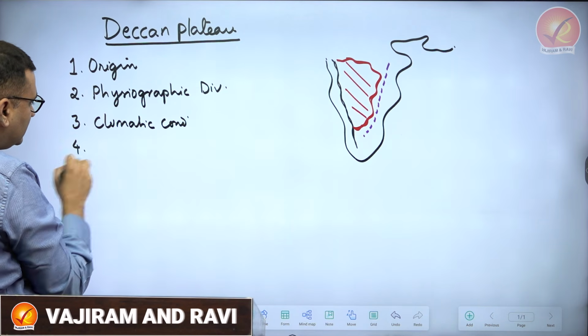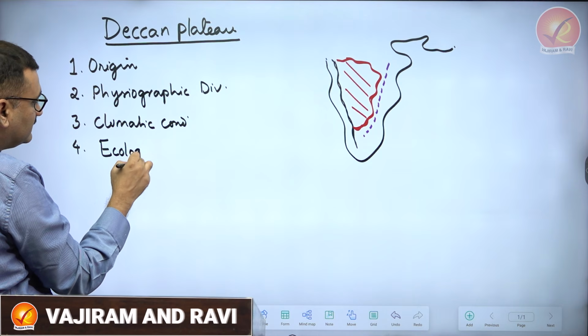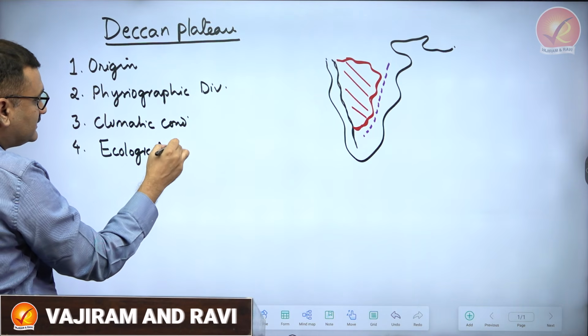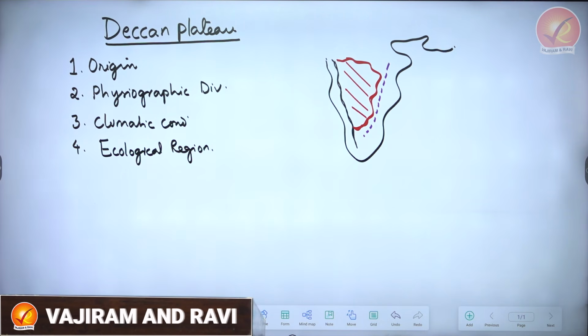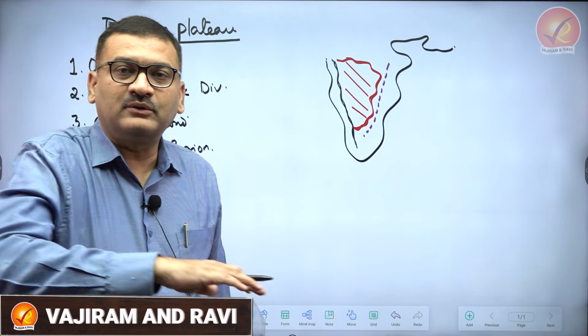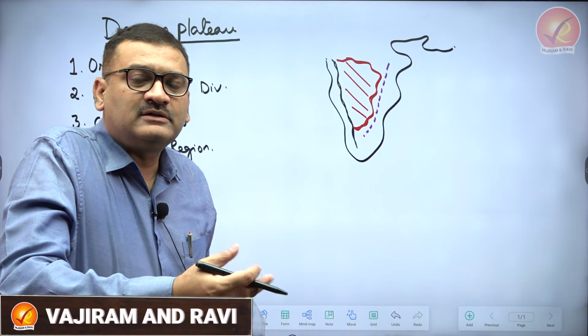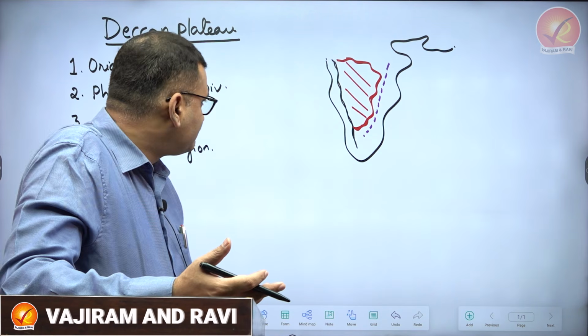And fourth, we have to look at how the Deccan Plateau acts as an ecological or biogeographic region, in the sense that we try to understand the flora, fauna and biodiversity of this region, considering the types of forests present over the Deccan Plateau.